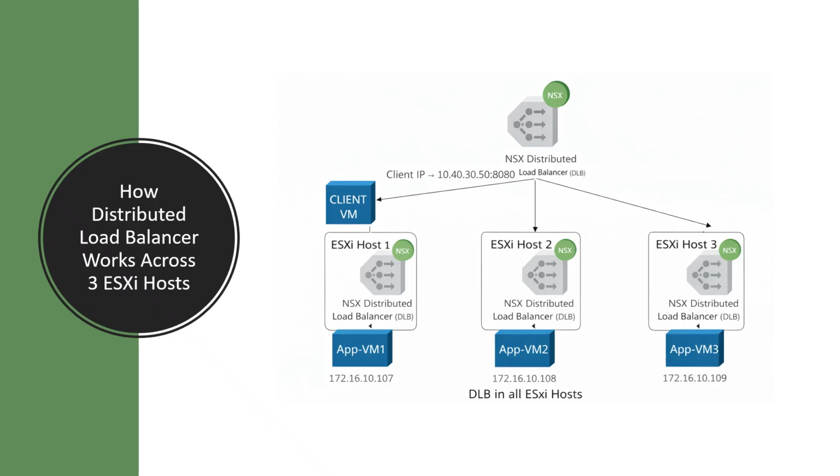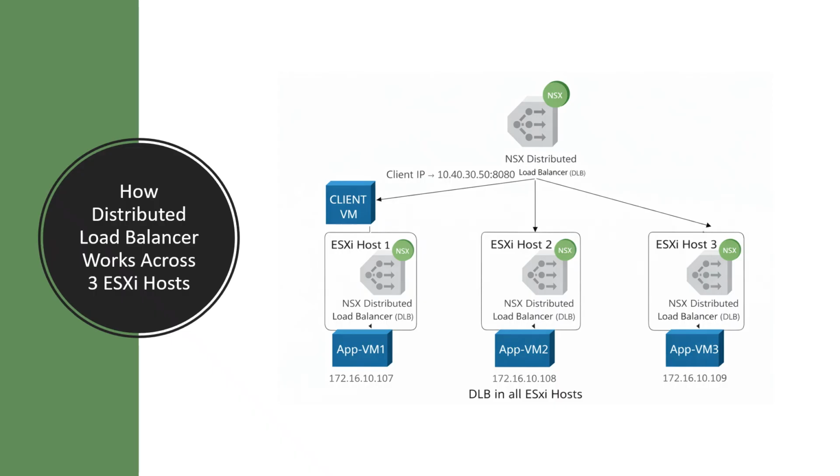Now the important point: what if app VM2 is running on ESXi host 2 and the client VM is on ESXi host 1? See the screenshot here. The client VM is running on ESXi host 1, but it wants to reach app VM2, which is running on ESXi host 2.